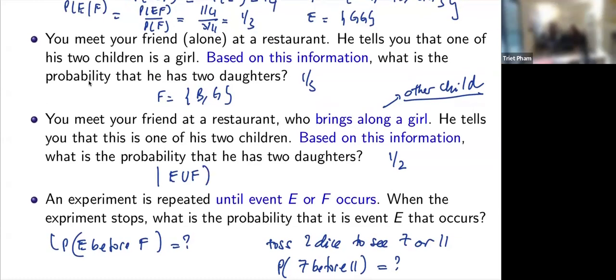Once you recognize that, what are you asking for? You're asking for E given E union F. Because once you see E or F, once you're in that sample space, what's the probability that you see E instead of F? That's E before F. Does that make sense?